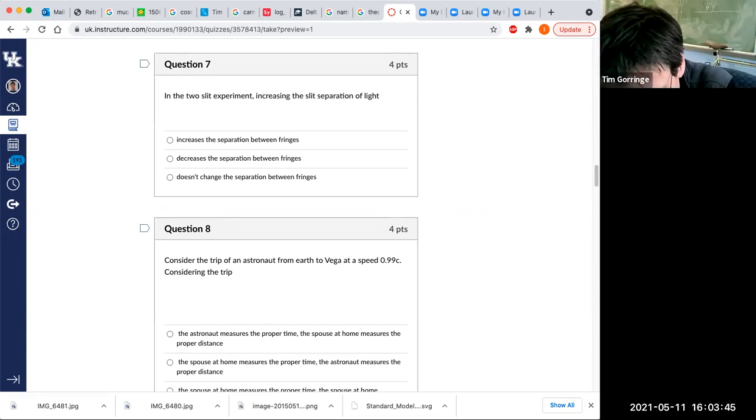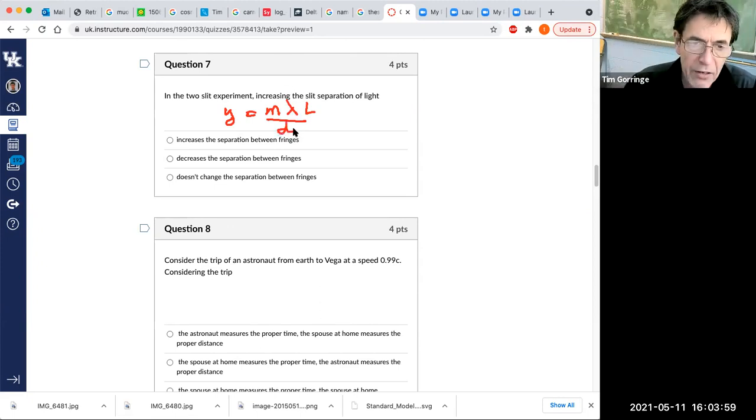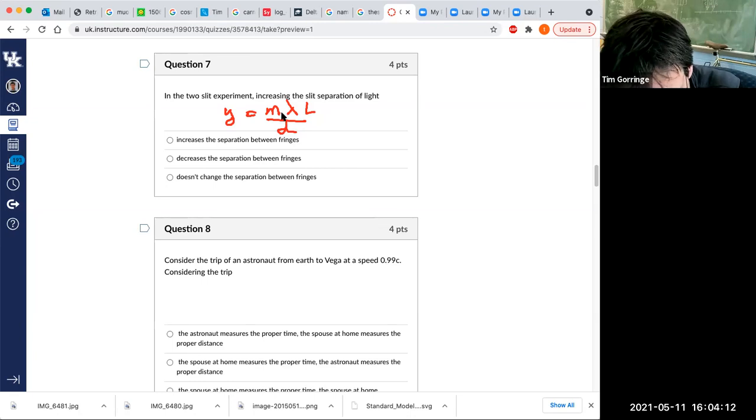And there was an equation that tells us the location of the bright fringes of the interference pattern, the constructive fringes on the screen in terms of several quantities.